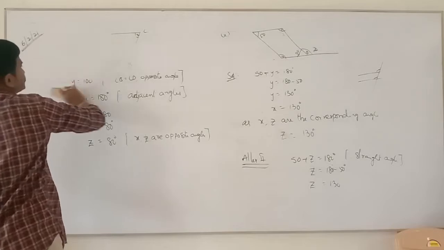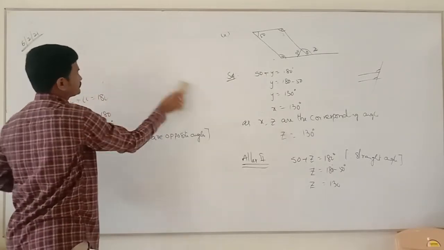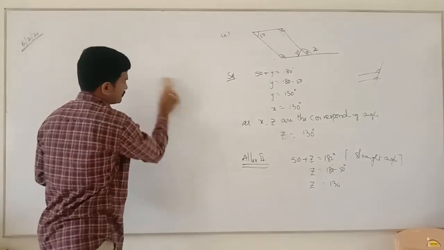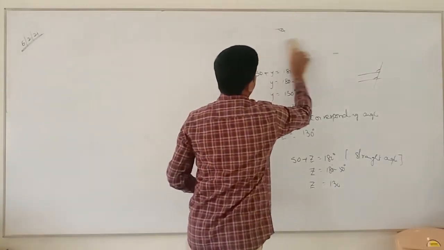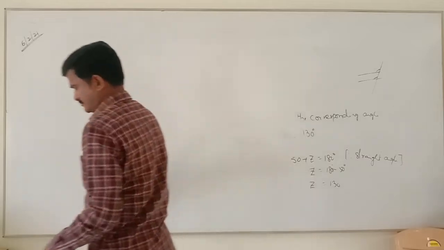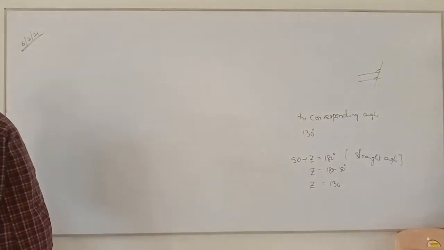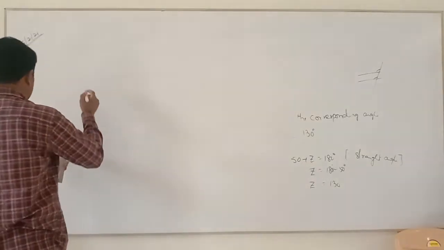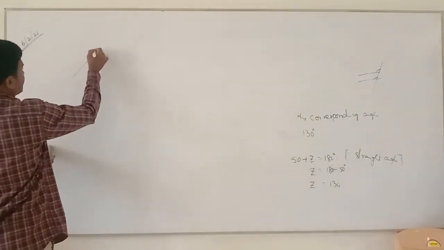For suppose, the third one, see all of you. Somehow he has given the diagram like this.